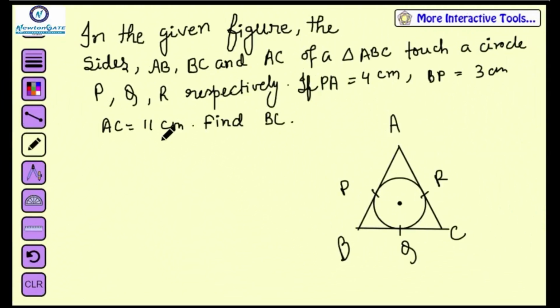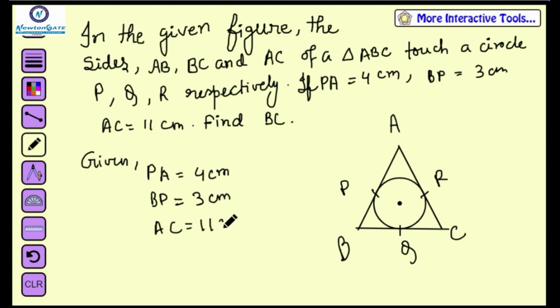Here is question number 1. In this question, it is given that PA is 4 cm, BP is 3 cm, AC is 11 cm, and we have to find the value of BC.